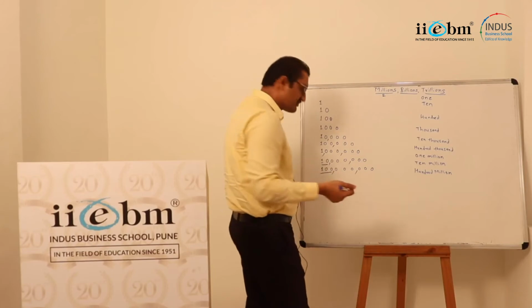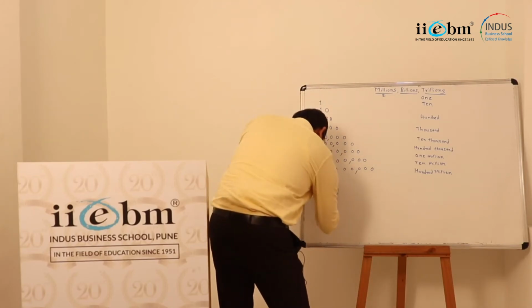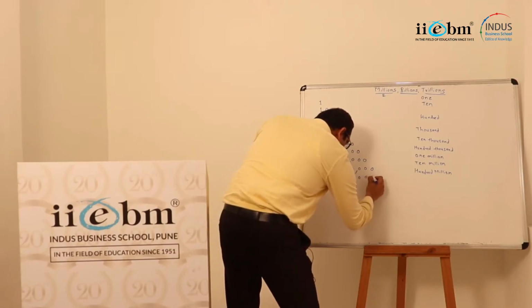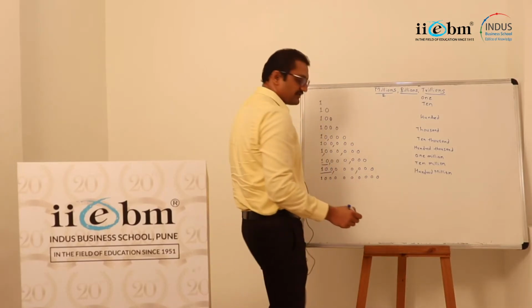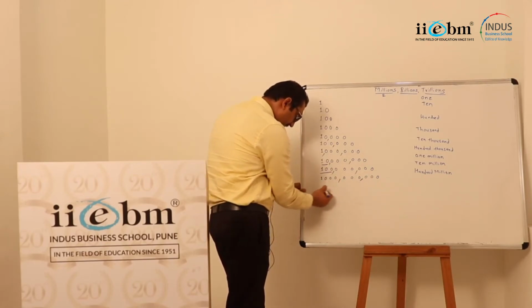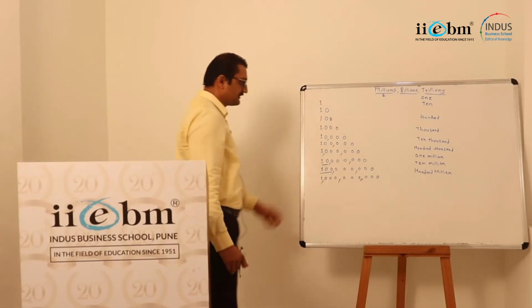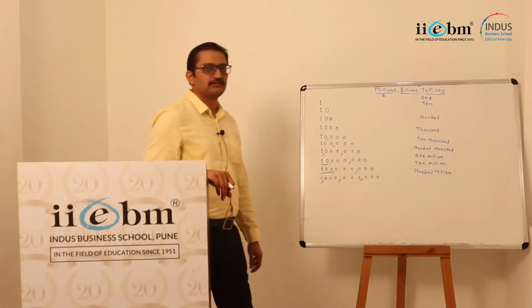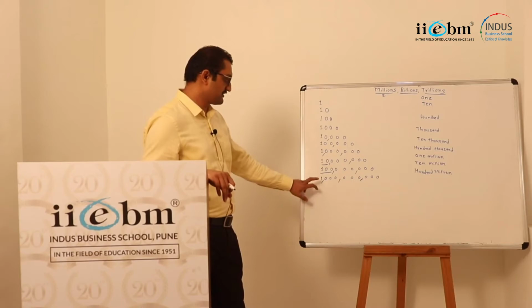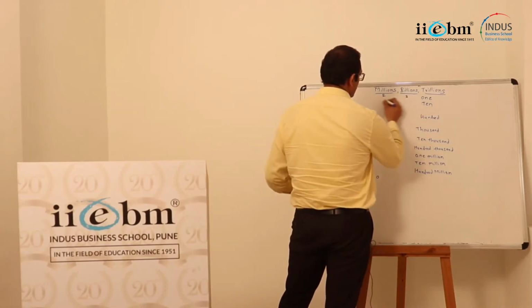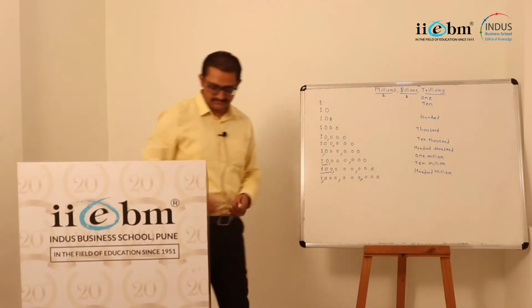Now we will add one more 0 to 100 million. So let's place commas here. Now this number has 3 periods or 3 commas, which means this number is in billions.